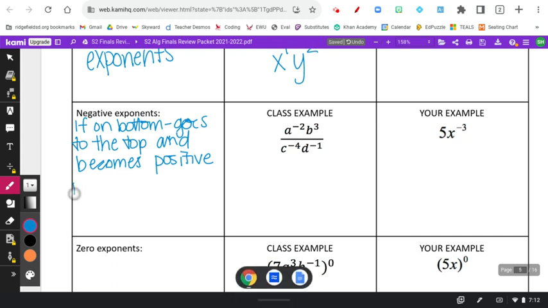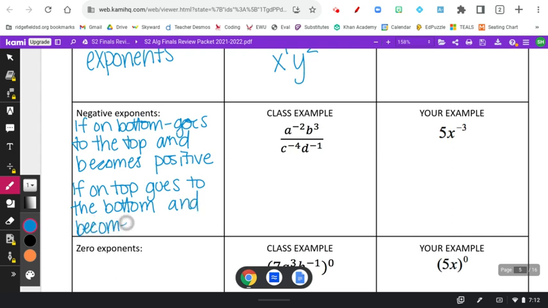And then likewise, if it's on the top, it goes to the bottom and becomes positive. So you can always just think about if it's negative, it doesn't like where it is, it's going to go to the opposite place.